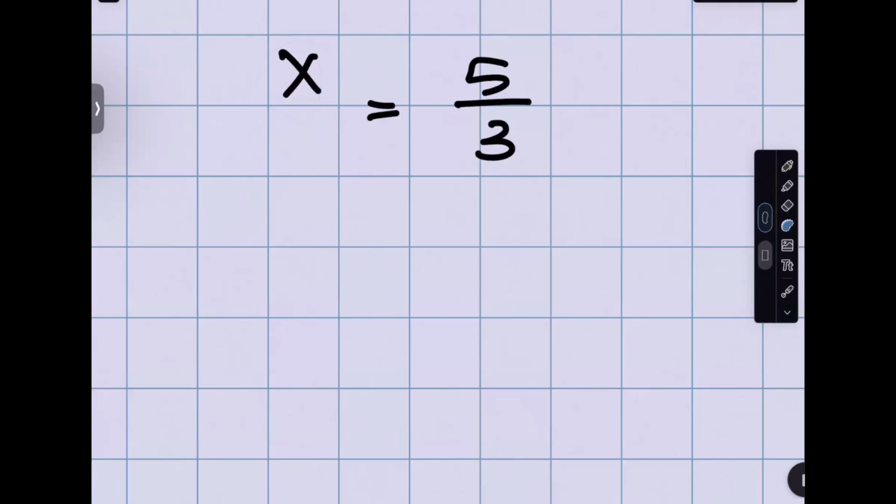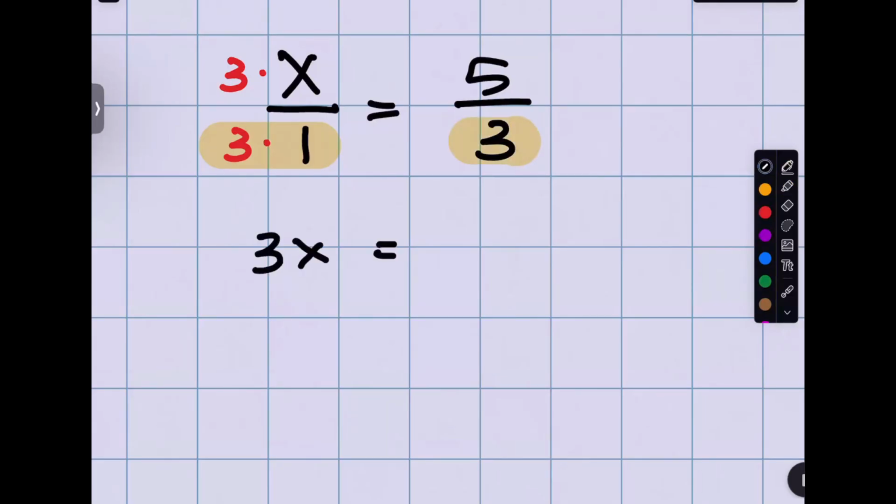The other thing to think about is, let's say you had no idea where to go. We talked about if we get the denominator the same, then the denominator goes away, right? Because it is an equation. So I can say the 1 is missing a 3. If I do it to the bottom, I have to do it to the top. Now you see that my denominator is the same. Agreed? So now I have 3x equals 5.